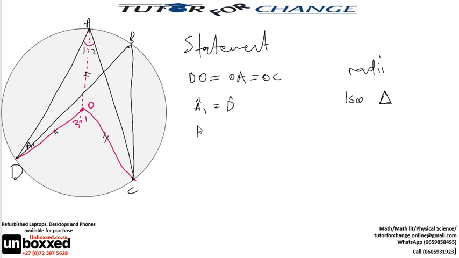Then we can have D2 equals to D plus A1. And what's that? We have an external angle of a triangle.